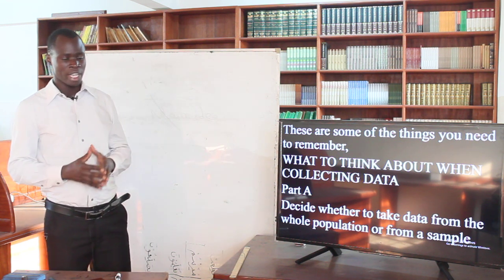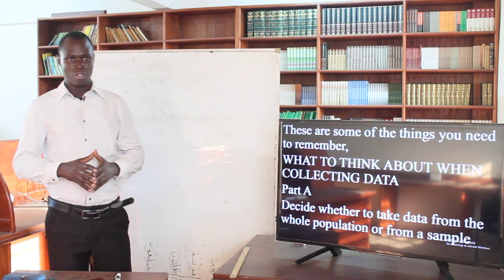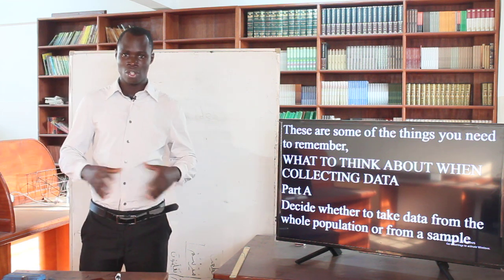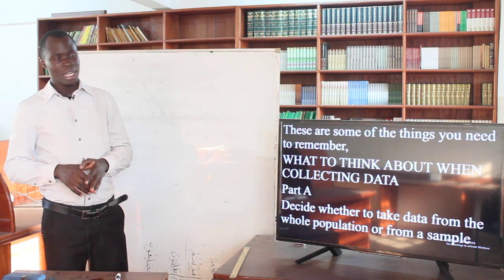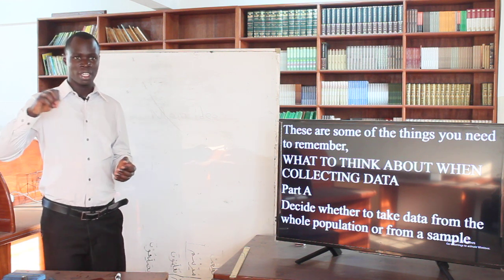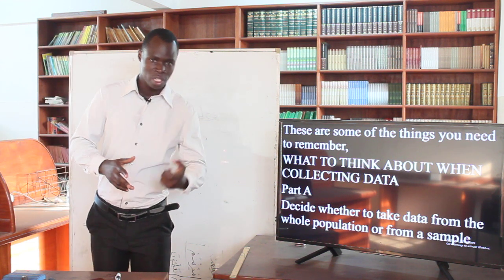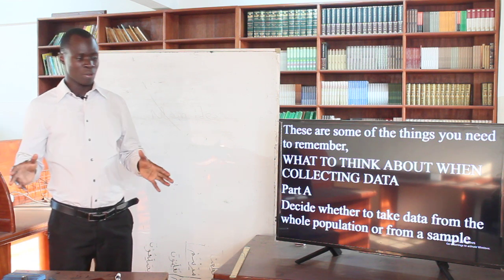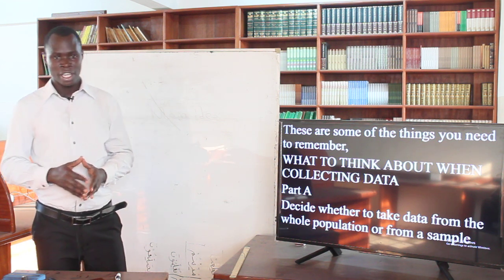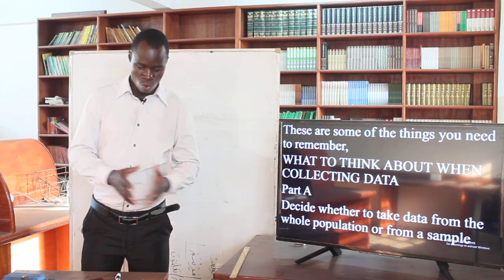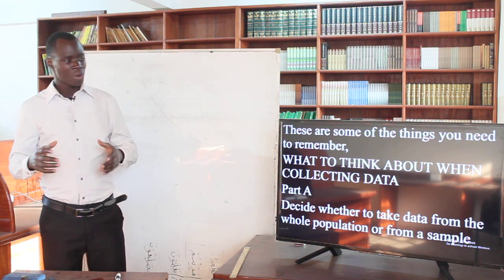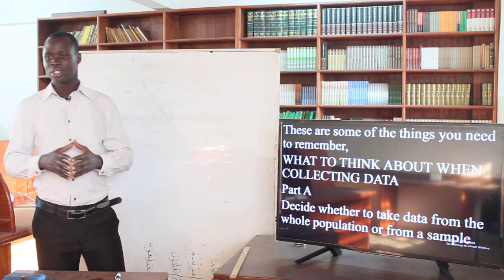Or maybe you want to collect data about the age of students in form 10 or rather in grade 10. You might decide to go to each and every individual to take the data from each and every person. You ask them their ages and then they can tell you how old they are.